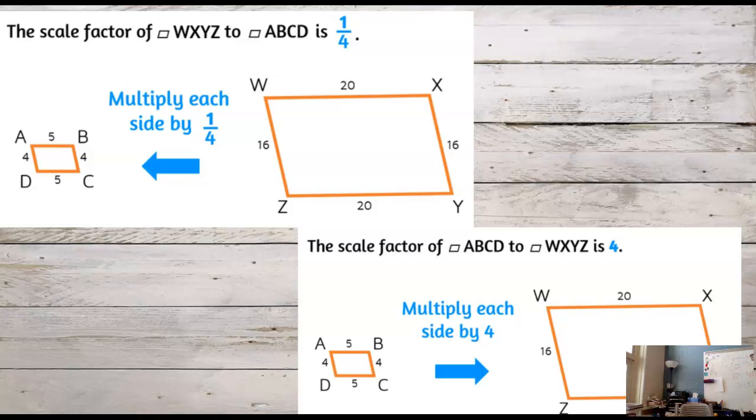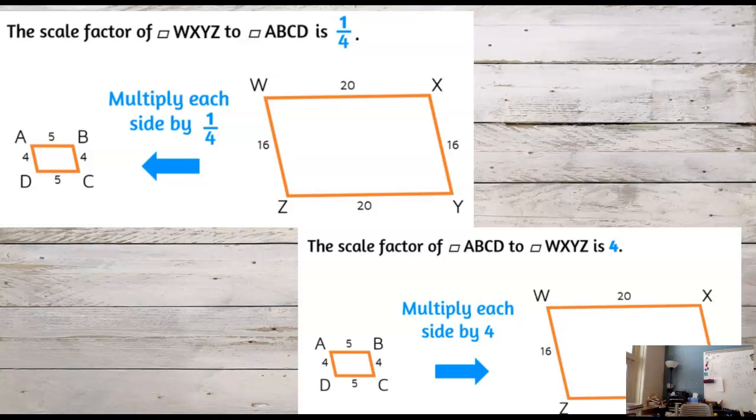Mm-hmm. Well, not necessarily. So this is interesting. They tell us the scale factor is 1/4. And I see, if I put 5/20, or 4/16, well, now they're all the same.